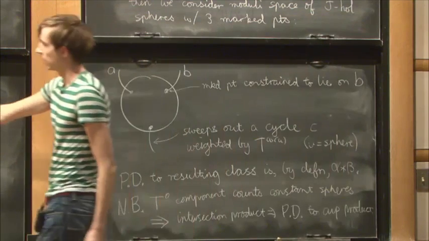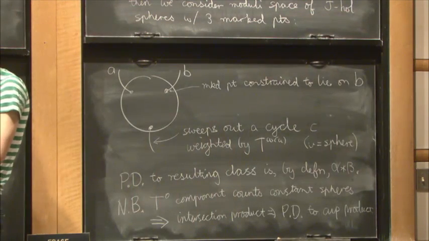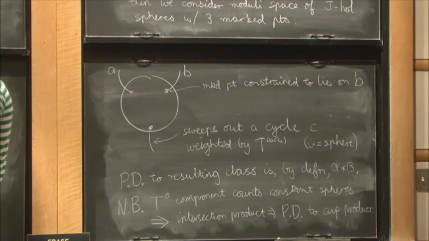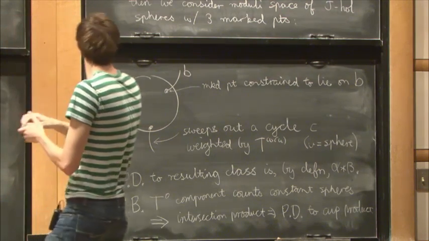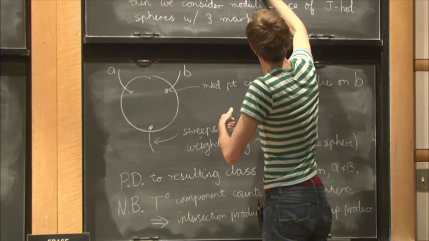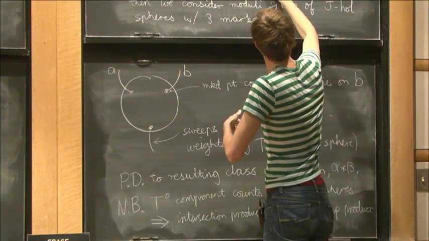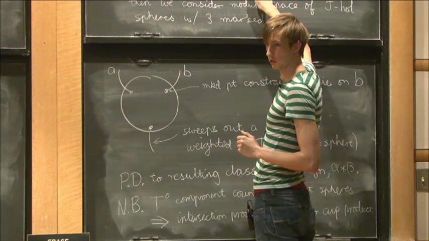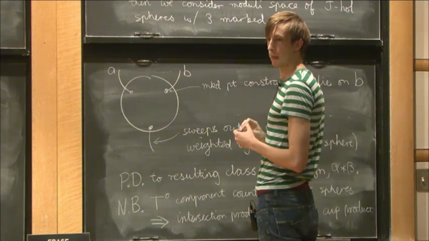What I've told you is the quantum cup product of classes if alpha and beta are in cohomology of M with rational coefficients, for constant elements.